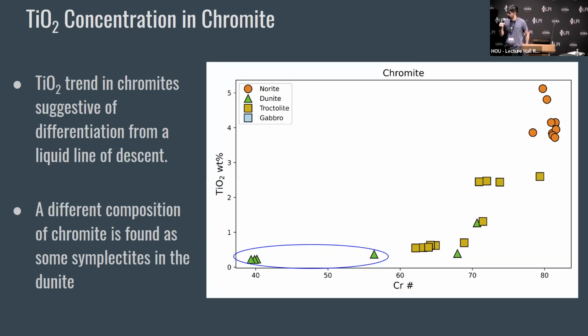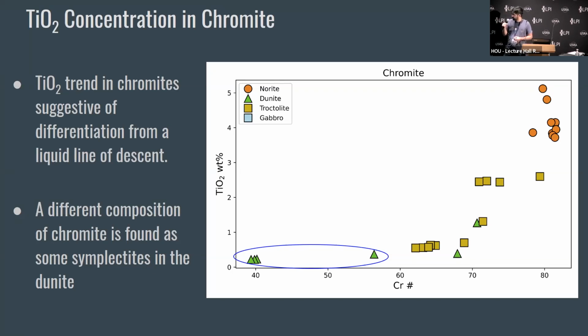One of the trends that we found as I was going through the EPMA, looking at everything, I just seemed to notice that the chromite tend to have very varying amounts of titanium in it. So we decided to plot them against the chromium number, and we found this trend that the more data I put into it, the prettier it gets.